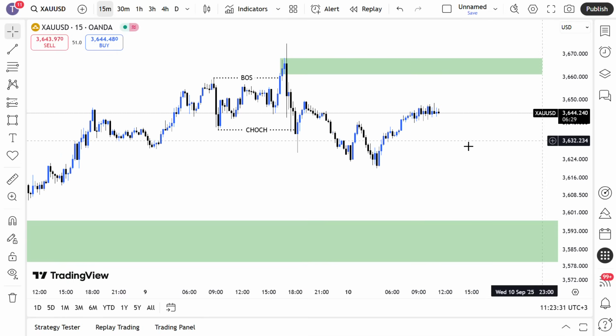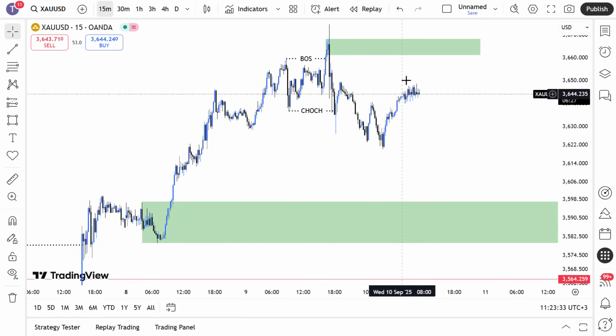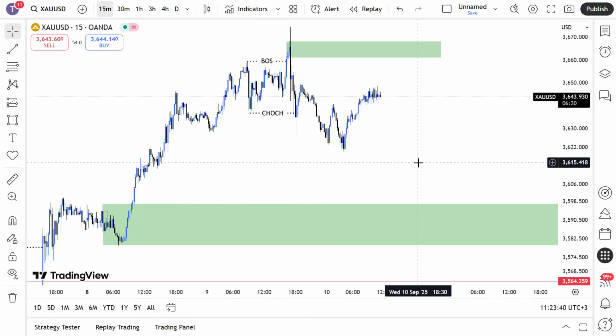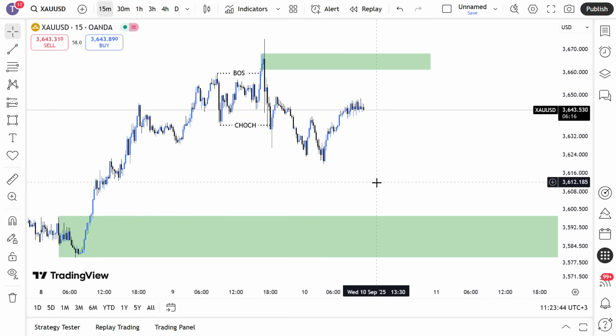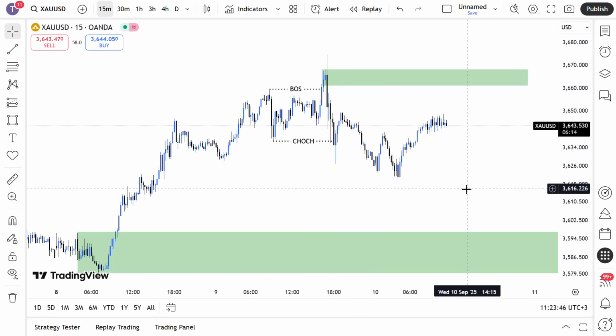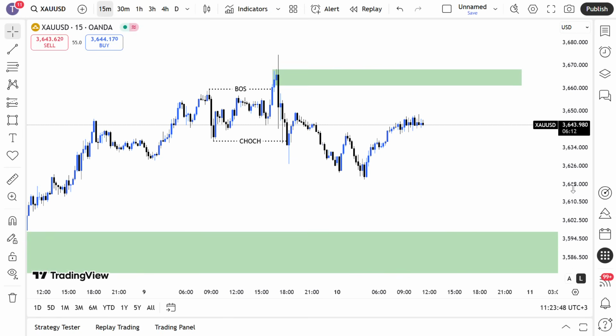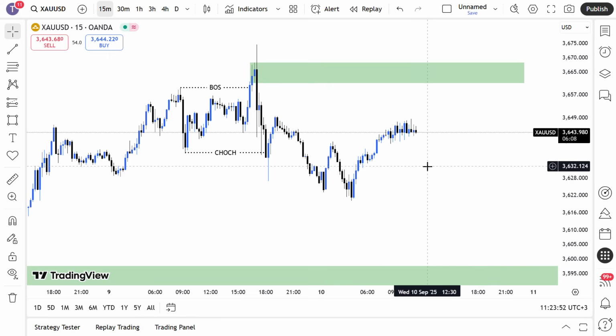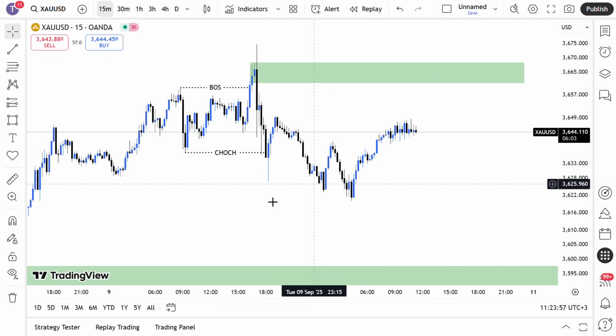So I'll be expecting a pullback from gold into this area or into this area. So we'll just wait and see what the market will be doing. And you all know that sometimes gold does not respect our analysis, but we always try to react with how the market will be reacting.